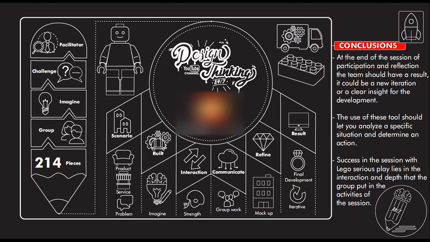Success in a session with Lego Serious Play lies in the interaction and depth that the group puts into the activities of the session. That is very important. If you get really involved, if you understand all the important situations, you will have a strong possibility to make a very good development.